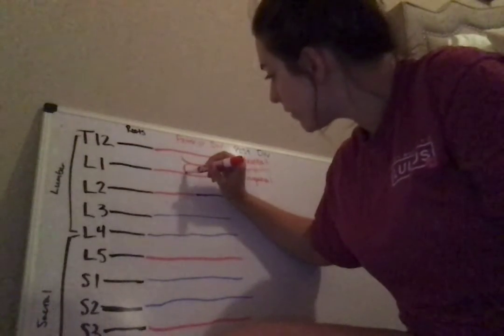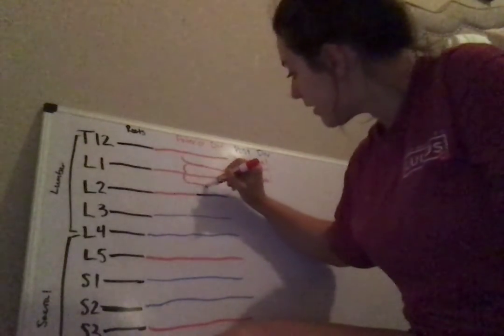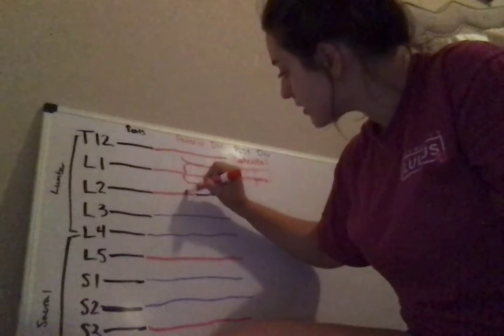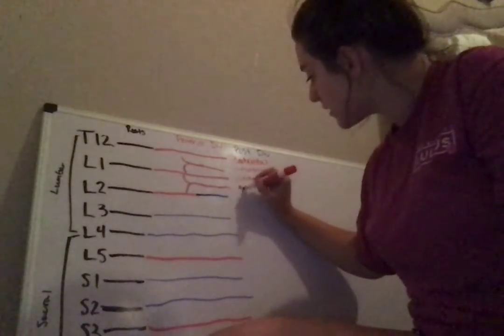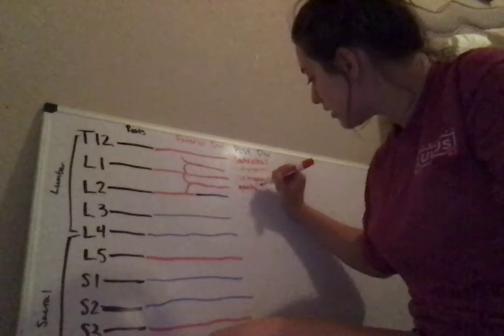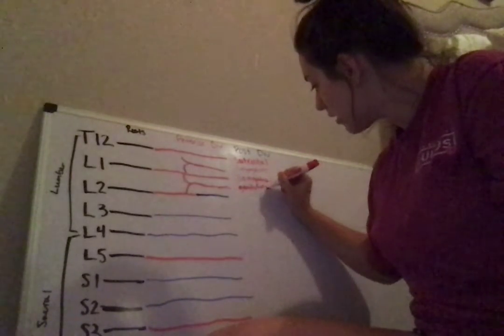And then we have L1 and the anterior division of L2 coming together to give us the genitofemoral.